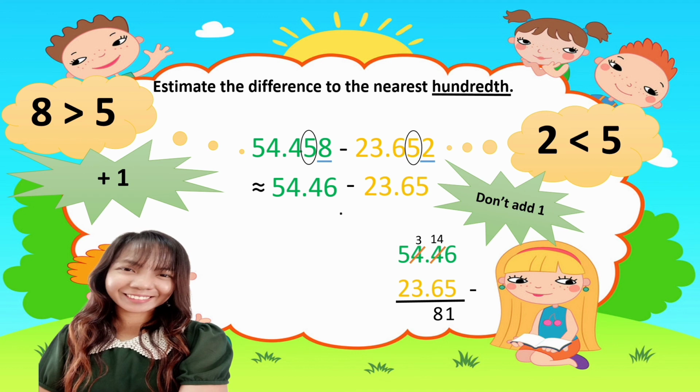Then don't forget the decimal point. 3 minus 3, 0. 5 minus 2, 3. This time you need to write the 0 because we still have the number here. Now, the answer is approximately equal to 30.81.